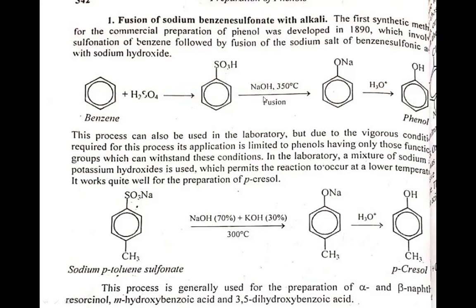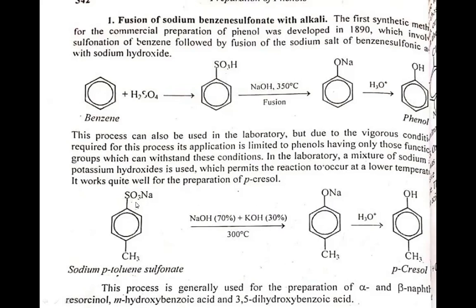This is the same method as this one, that is the fusion of sodium benzene sulfonate with alkali. In this method, we will use two alkalis, that is sodium hydroxide 70% and potassium hydroxide 30%. Then this reaction will be carried out at a lower temperature, that is 300 centigrade, and this sodium benzene sulfonate is converted into sodium salt of phenol.